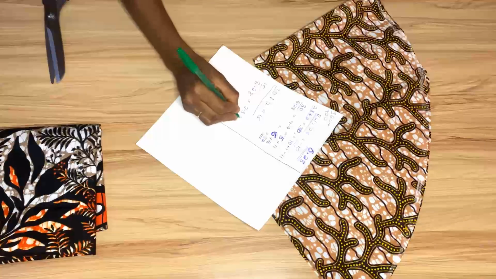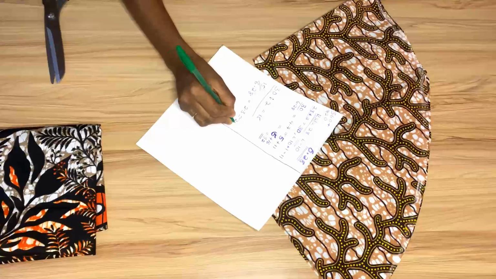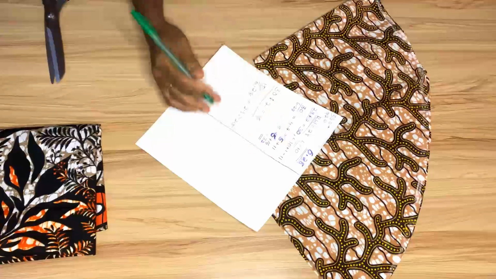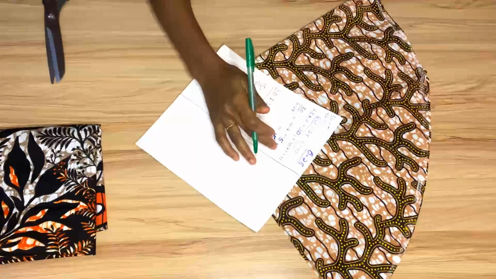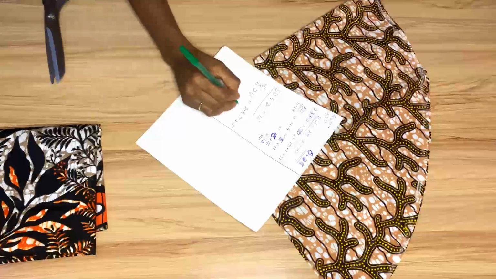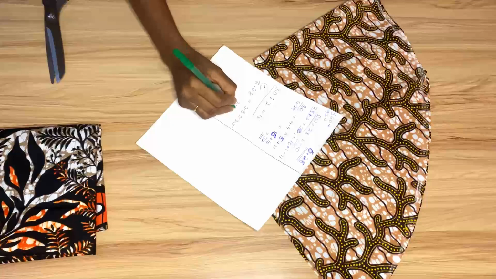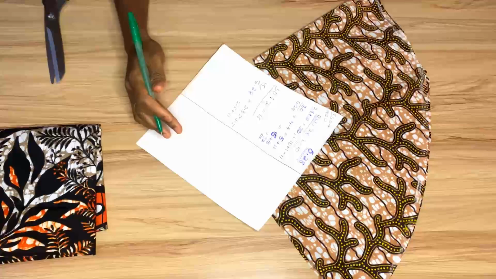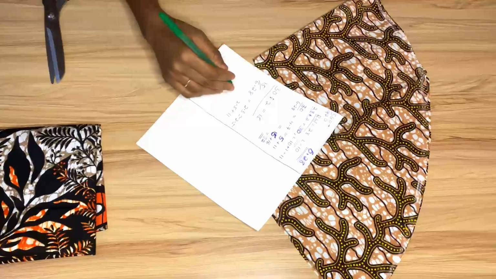You can approximate it to 2.5, then you add 2.5 plus the length of your peplum you are using. That's 2.5 plus 11.